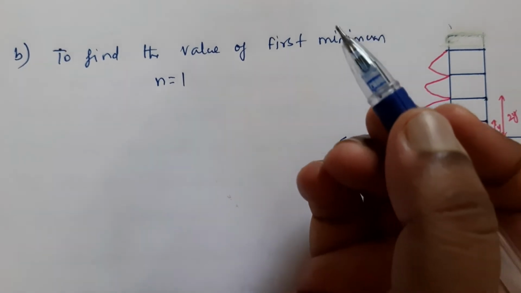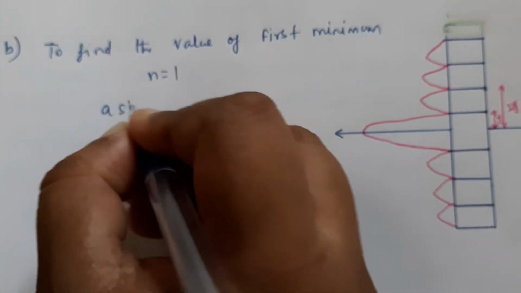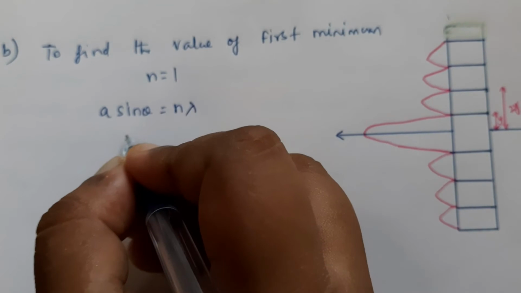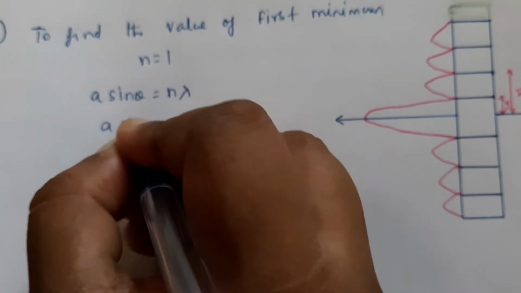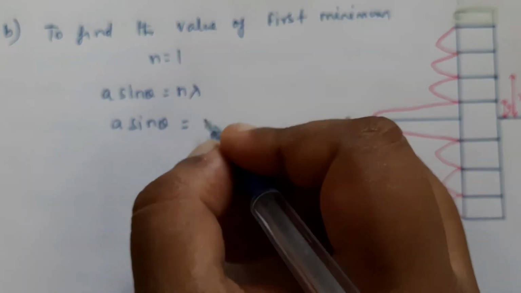For the first minimum, the value of n is equal to 1. We know a sin theta is equal to n lambda, so a sin theta is equal to lambda.